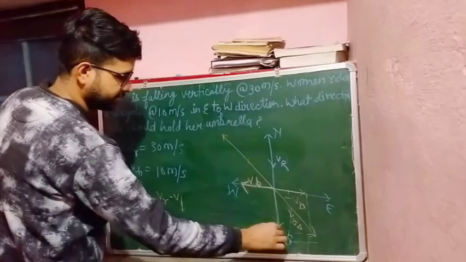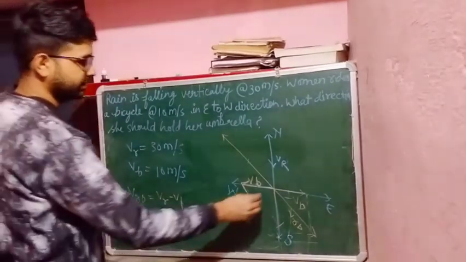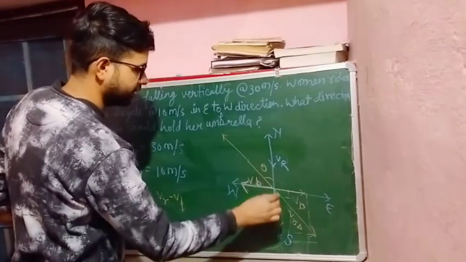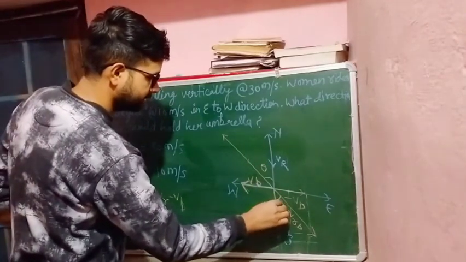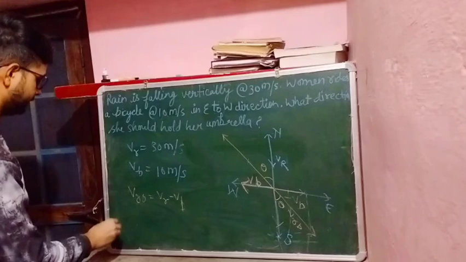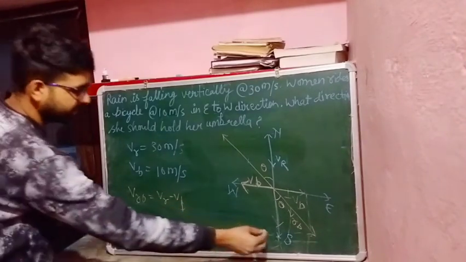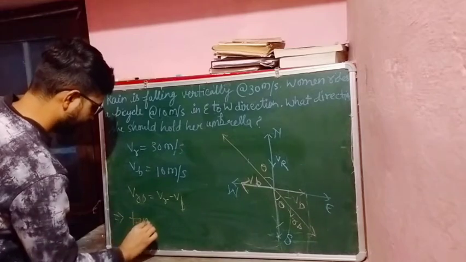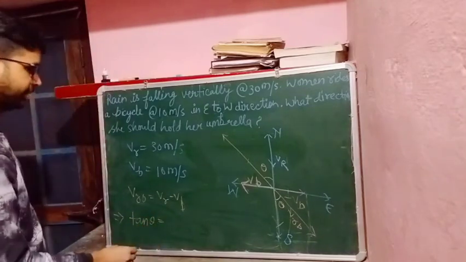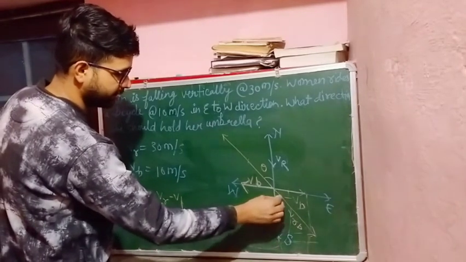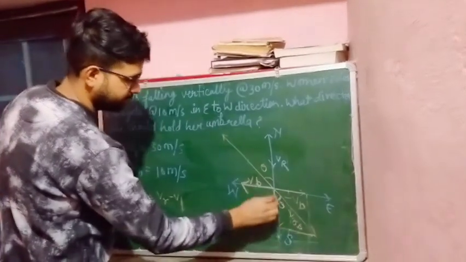Like this we can say, because this is at angle theta with the vertical. So we can calculate the angle, tan theta equals, if we calculate from here, perpendicular upon base.